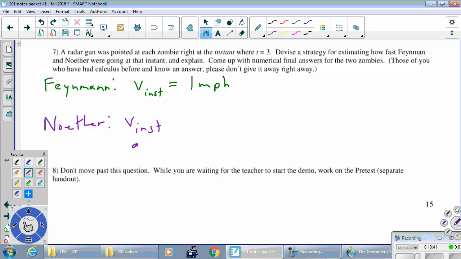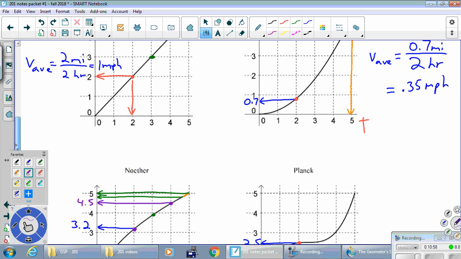Instantaneous velocity at t equals 3 is roughly equal to her average velocity on the interval 2 hours to 4 hours. And we're estimating this as, again, change in distance over change in time. So let's take a look at our numbers again.